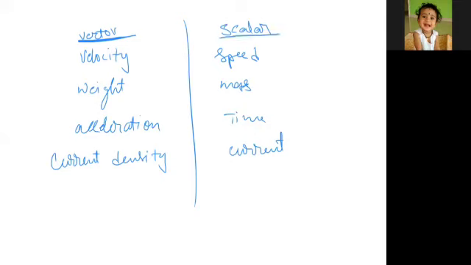For example, a person is going from A to B along the east direction. This is the east direction. Now, this person can reach from point A to point B in several ways. Let us see one of the ways.